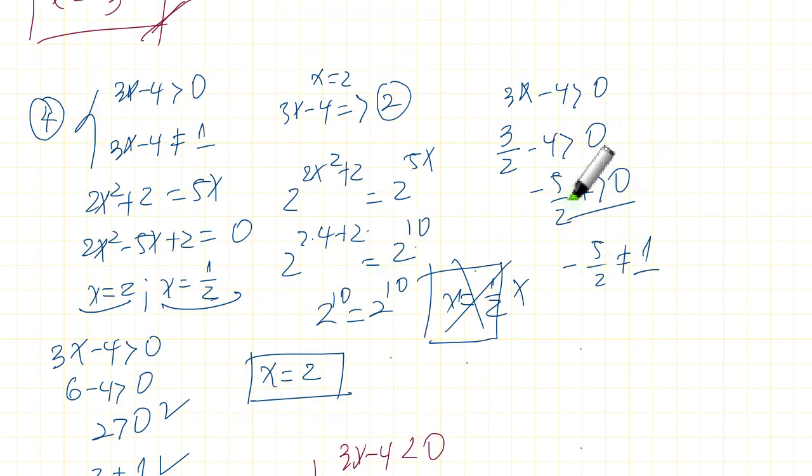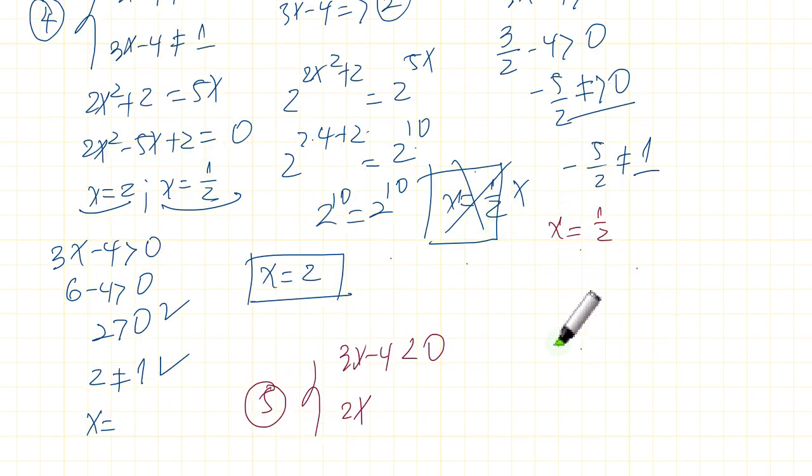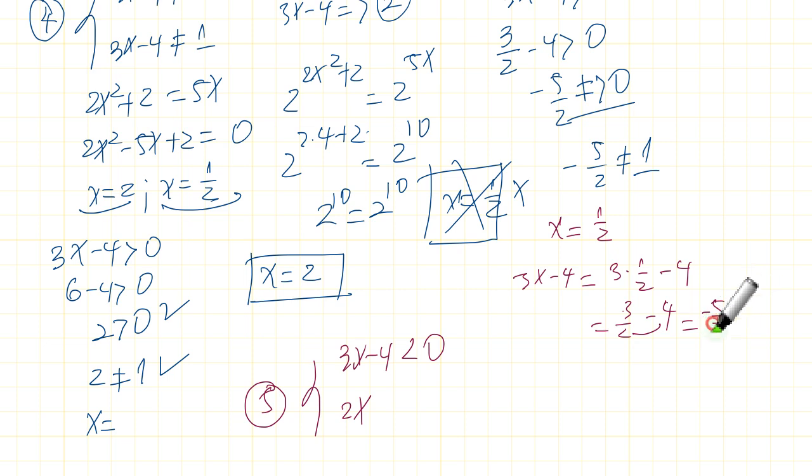If we pick this value of x equals a half and replace it in our equation, 3x minus 4 is going to be 3 times 1 over 2 minus 4, and then this is 3 over 2 minus 4, and then this is 8. 8 minus 3, it's negative 5 divided by 2. Okay, as we already said here.